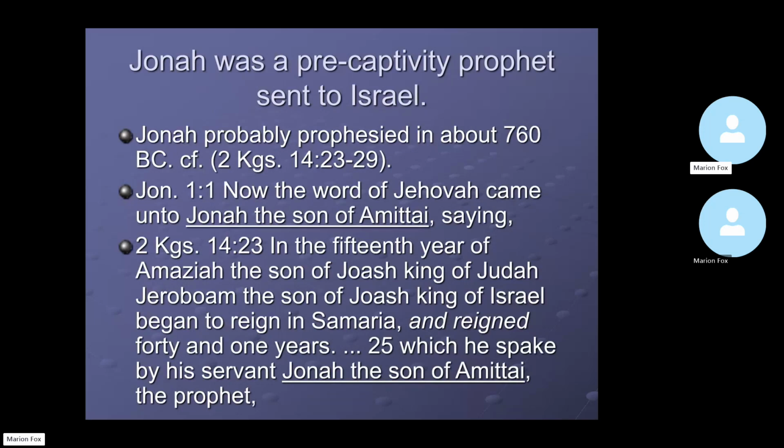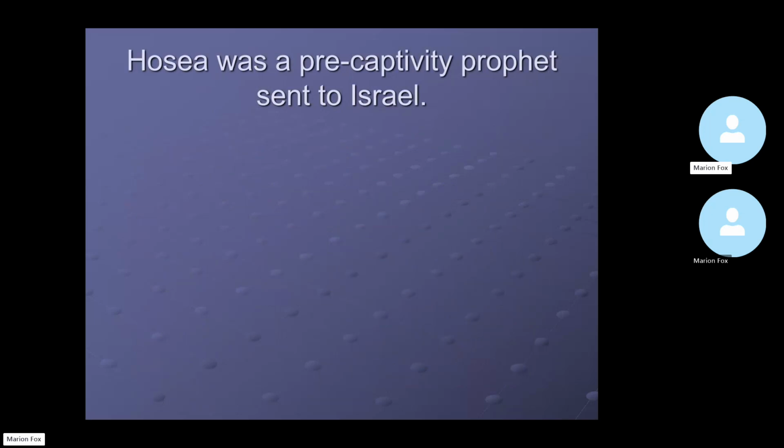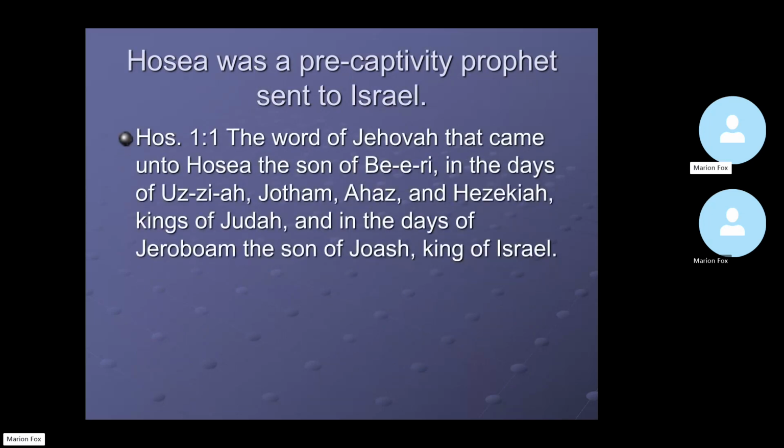It was in the days of Amaziah, son of Joash, king of Judah, and Jeroboam, the son of Joash, king of Israel. Both of these were reigning during this time, and so Jonah was prophesying when both of these existed. Jonah was sent to the nation of Assyria, his primary work was with the nation of Assyria.